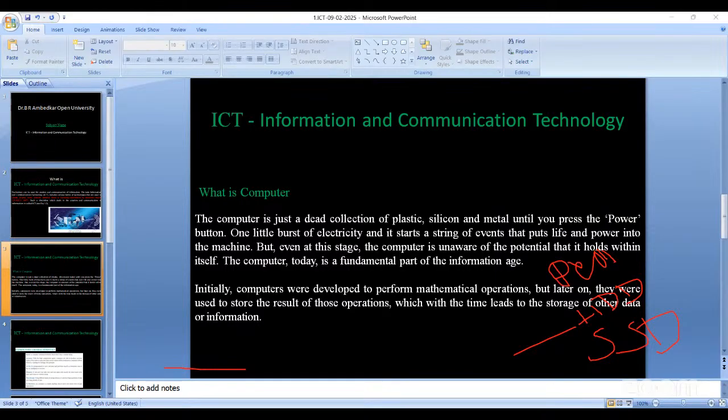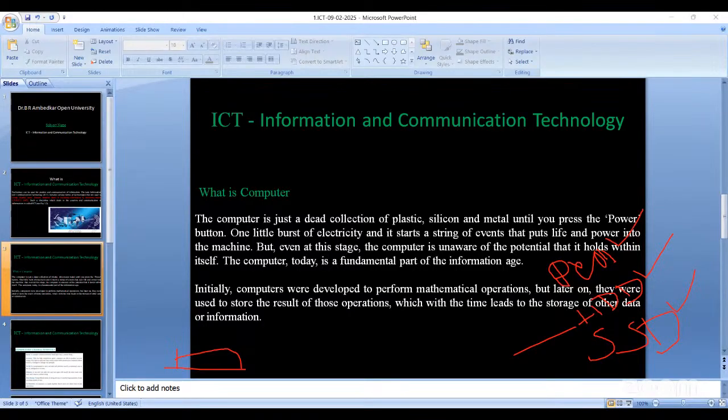That means the computer is able to store data. That is called data storage. For storing the data, we require some device. These are the storage devices. We will discuss them one by one in the remaining classes.